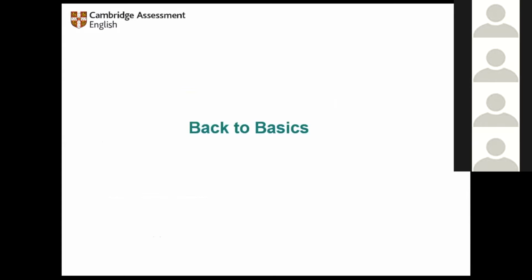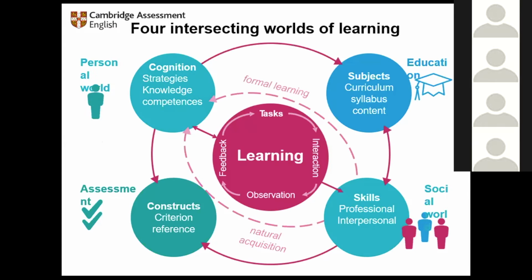So that means in the entire context that we are analyzing, we have to reconsider how learning takes place in its context. We have to analyze four different realms, four different worlds that intersect. We've got the personal world, and that's basically where learning is stored or retained.